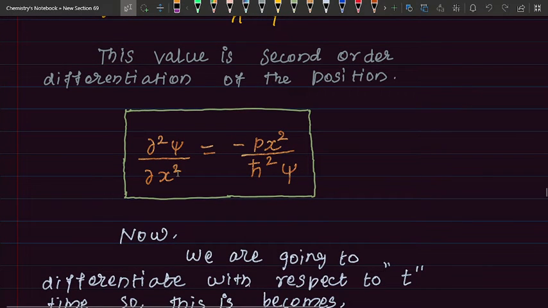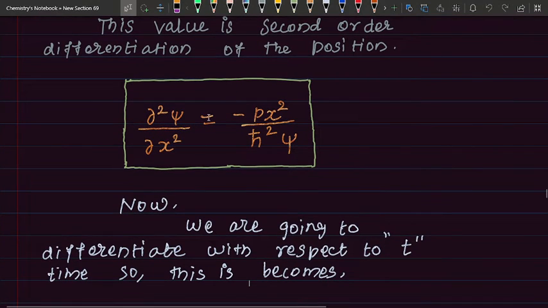∂²ψ/∂x² = minus px²/ħ² ψ. This is the equation for this. Now we are going to differentiate with respect to time.